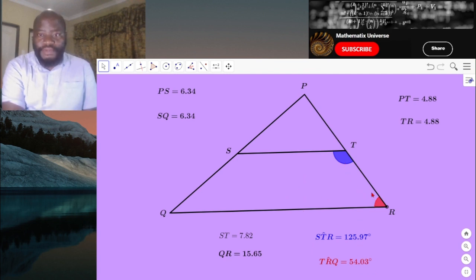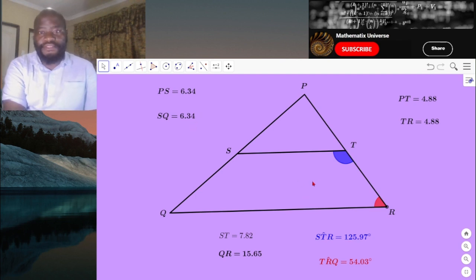So since these 2 are co-interior angles, they should add to 180, and this is clearly the case here. Then the lengths ST is this value here and QR is this value here. Then these on this side represent these 2 segments here, and it shows that they are always equal since T has to be the midpoint of PR. And this side, similarly, we have S being the midpoint of PQ, and this shows the value.